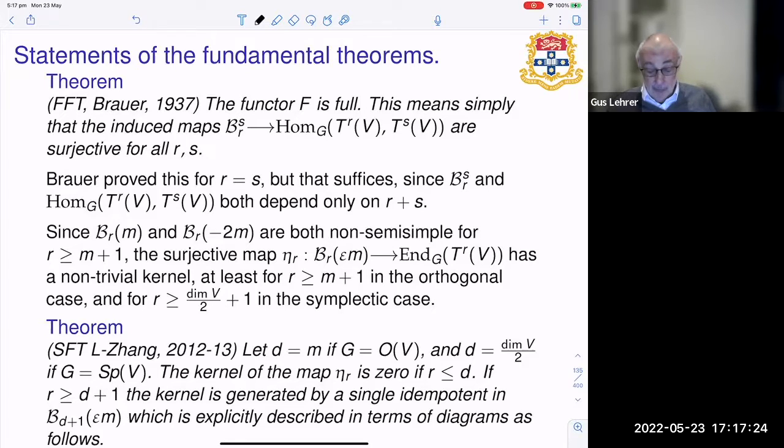Then the kernel of the map eta R, that's this one here, from the Brauer algebra to the endomorphism algebra, is 0 if R is less than or equal to D. If R is greater than or equal to D plus 1, the kernel is actually generated by a single idempotent in this Brauer algebra, which is explicitly described in terms of diagrams.